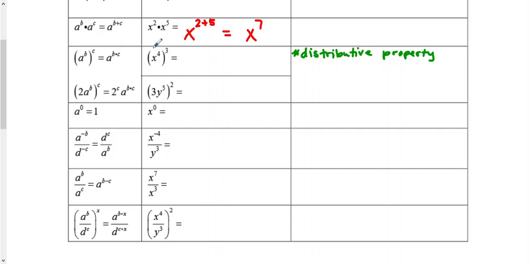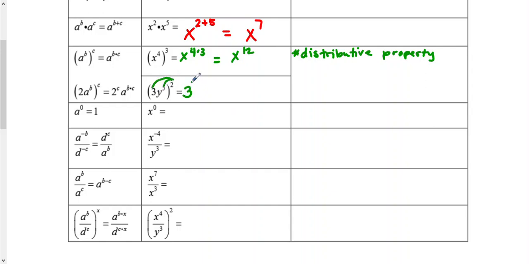So if I look at my examples on this top one, I have x to the 4th raised to the 3rd power, which is going to give me x to the 4th times 3, which will really give me x to the 12th. In the second part of this example, I have a number inside. I have to distribute to everybody.